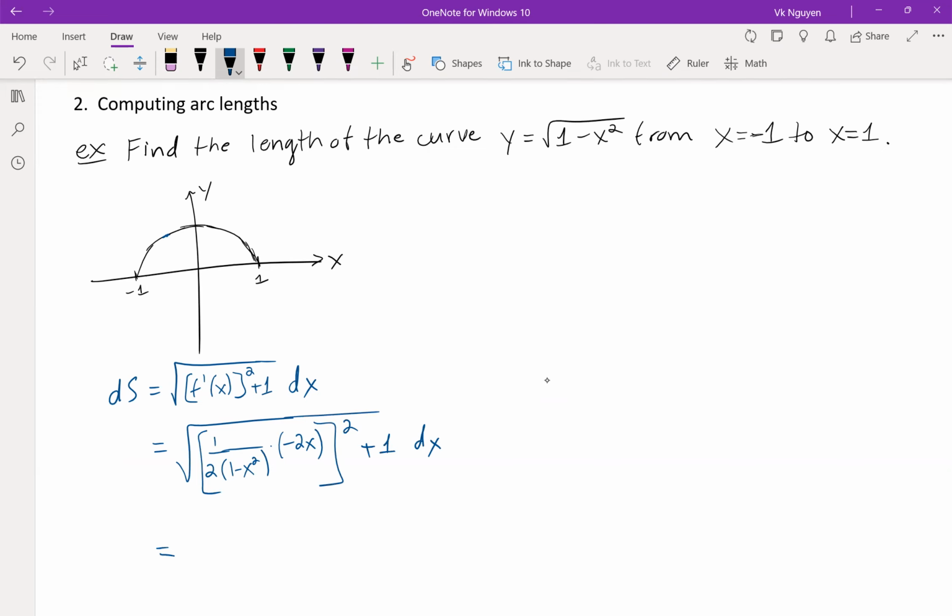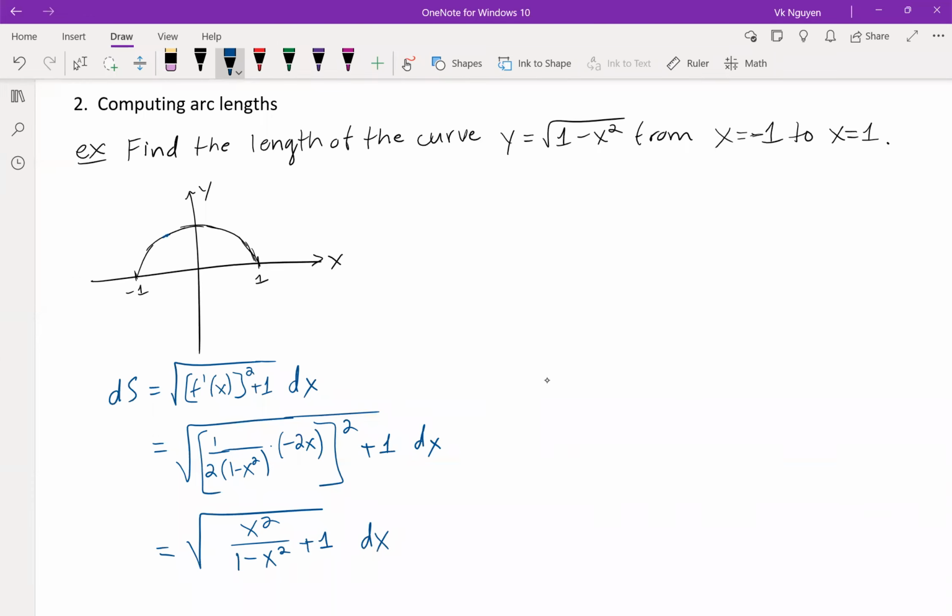Simplify this and we have x squared over 1 minus x squared plus 1 dx.